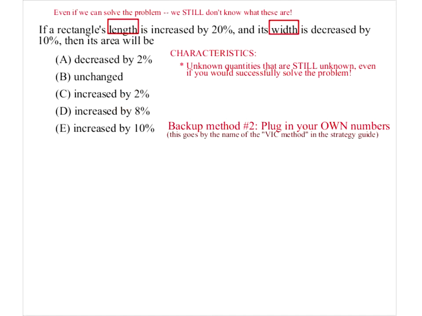So this is the point. When you've got unknowns that are still unknown even at the end, you can just pick them yourself. So here's the way it works. Here are the steps.